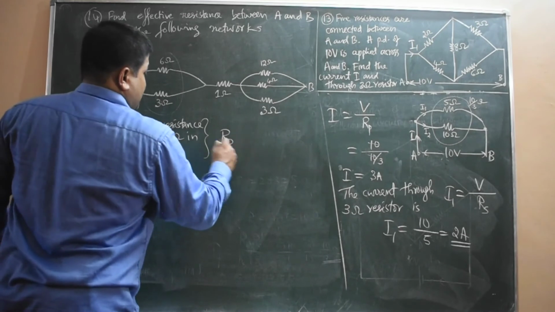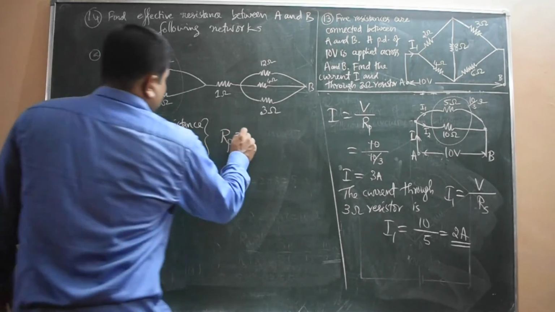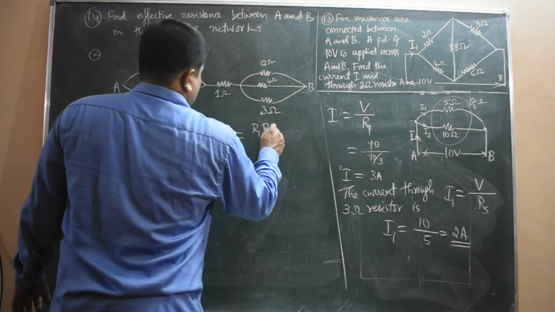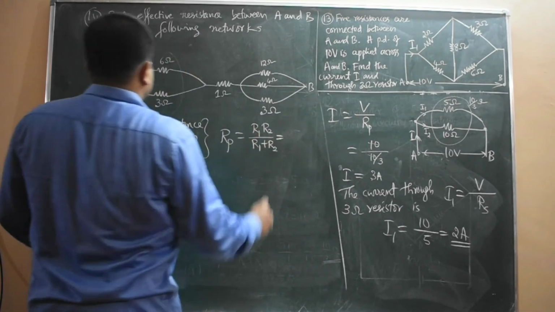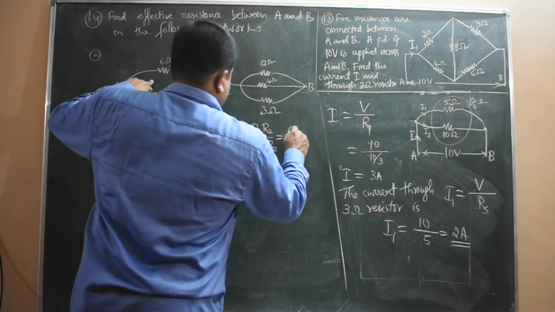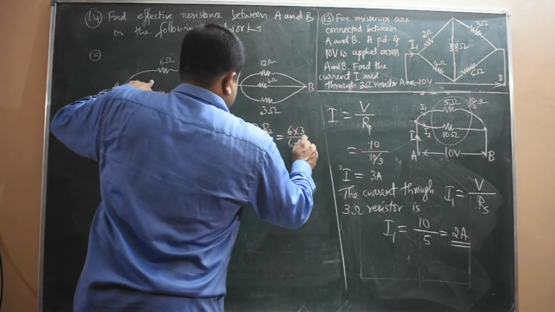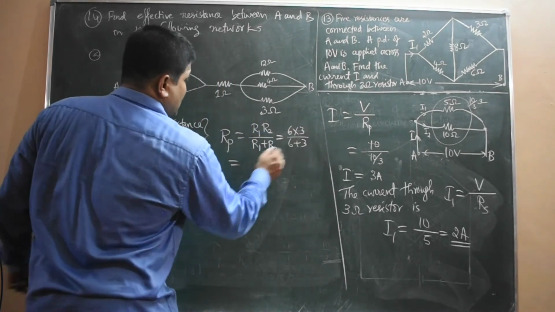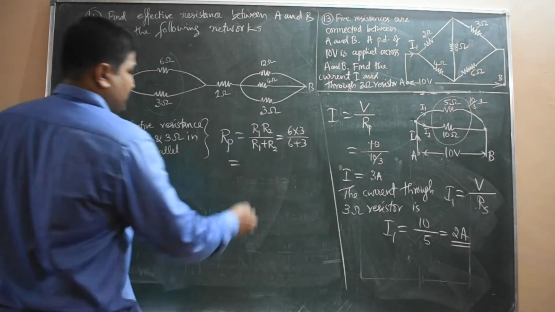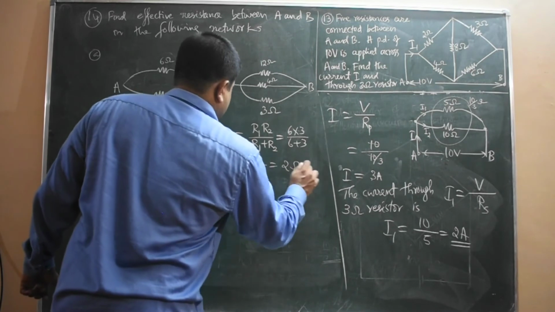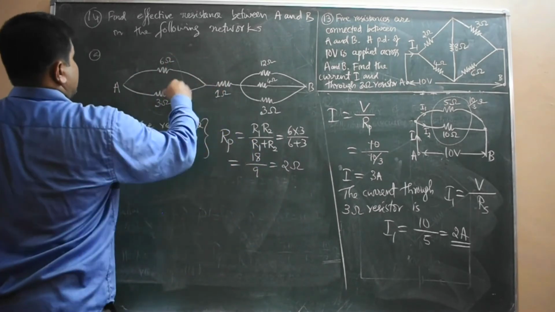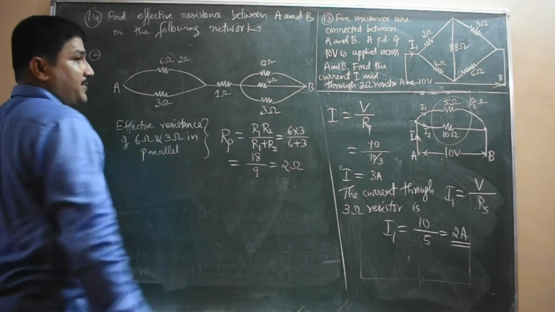So RP formula is R1 into R2 divided by R1 plus R2. This formula I make use. So it is 6 into 3 divided by 6 plus 3, that is equal to 18 divided by 9. So that is a 2 ohm resistor. So instead of this 6 and 3 it becomes 2 ohm resistor.